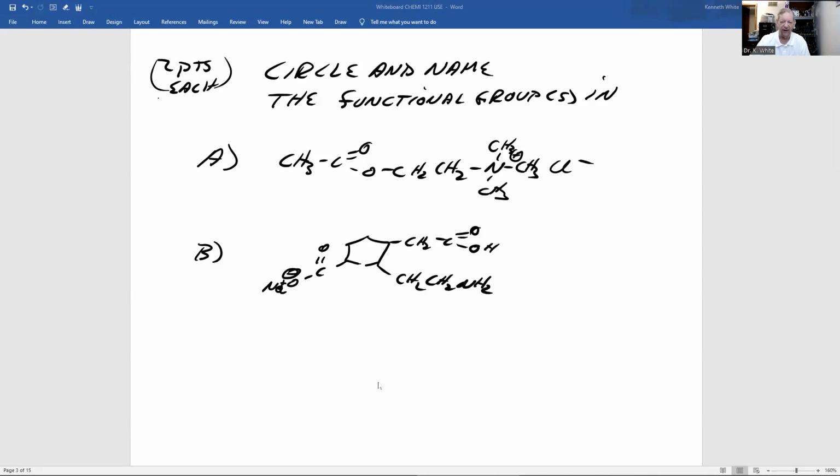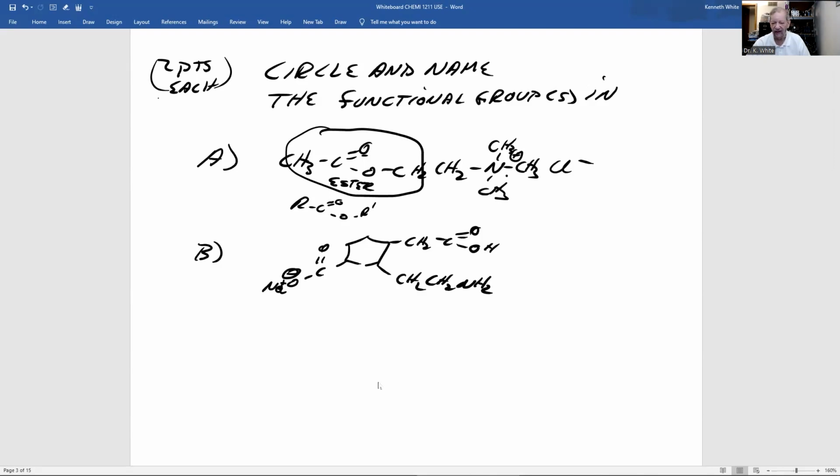All right, time's up. And if you need more time, hit the pause button now. Look for what's different. Ooh, oxygen here and here. What do we have here? Carbonyl, R group, oxygen and the carbonyl, R prime. This is an ester.